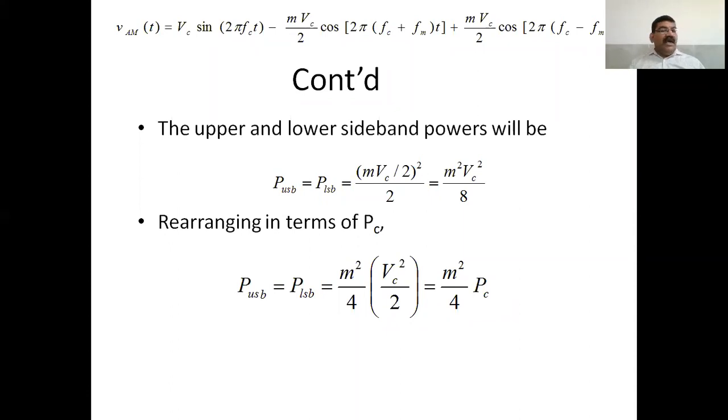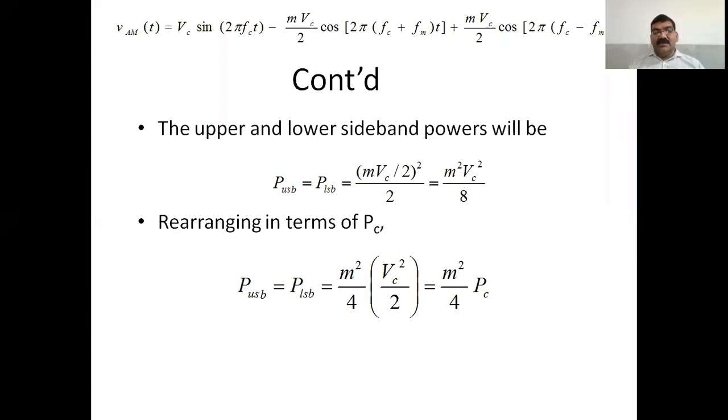So it is m squared by 4, where m is the modulation index. m squared by 4 into Pc. So this is your formula, in terms of Pc. So if m is 1, it is 25% of the power that is there in the sideband.